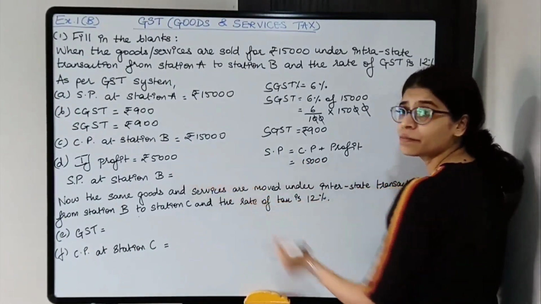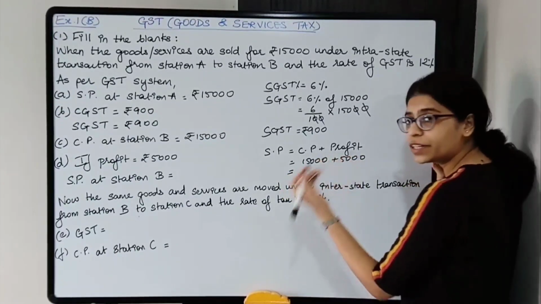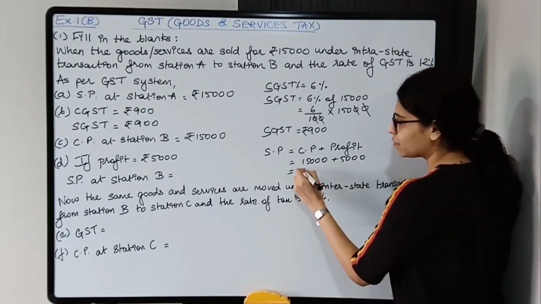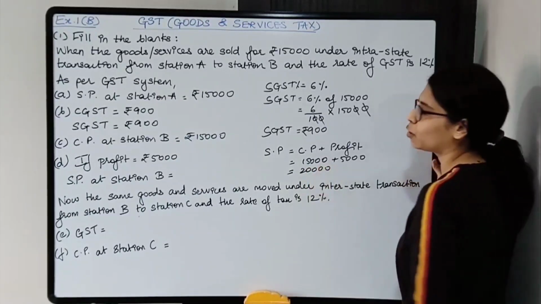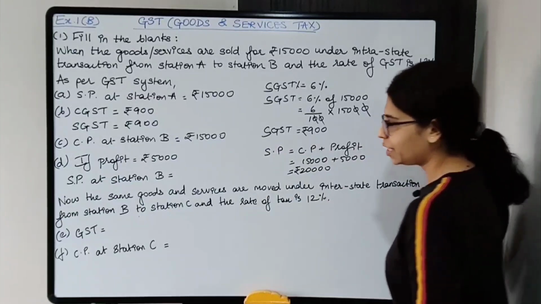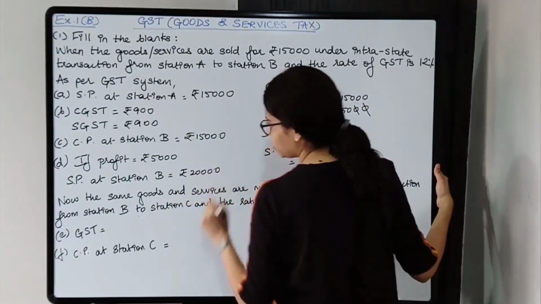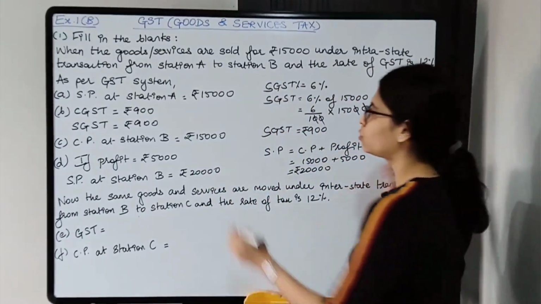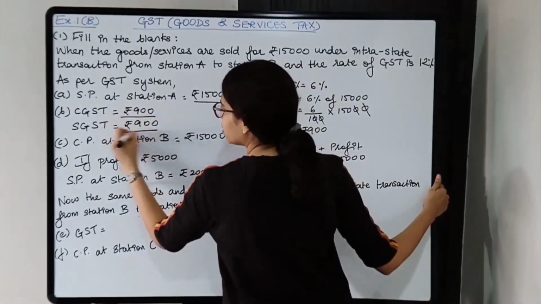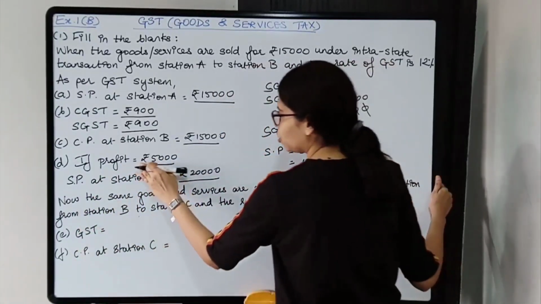Profit कितना रखा है? 5,000. And now it is going to sell for 15 plus 5, that is 20,000. So show this working. All right, it will be 20,000 rupees. All right, so underline all the answers. Don't forget rupee ka symbol. All right, this was already given.